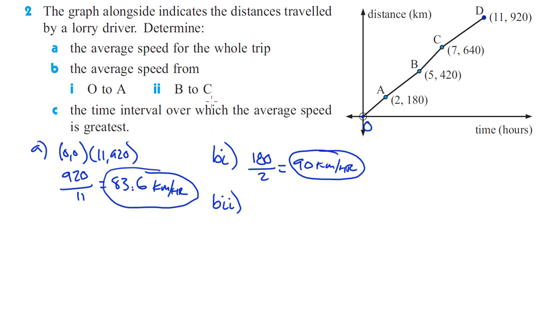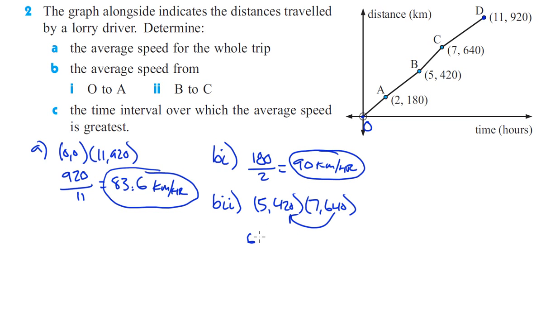B, part II, from B to C. Now we don't actually have the advantage of starting at the origin with the 0, 0, so we've got to use these 2 points to find the slope. We've got 5 and 420, and 7 and 640.